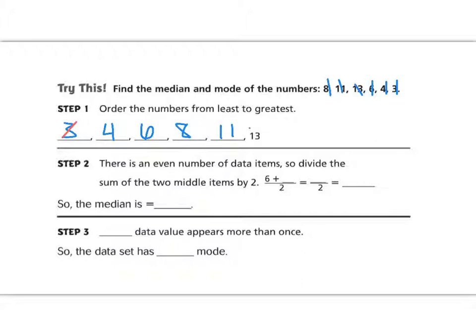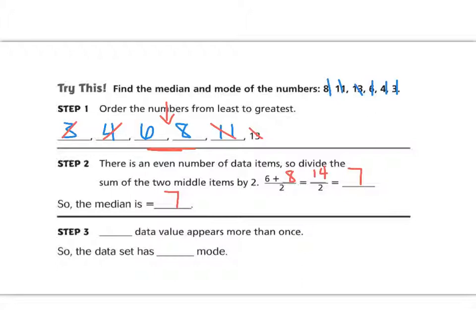So 3 and 13, 4 and 11. We have 2 in the middle. This is what they were saying, that we need to find the sum of them and then divide by 2. So we're going to add 6 plus 8, because those are the two middle numbers. 6 plus 8 is 14, and then we're going to divide by 2. 2 goes into 14 7 times. So the number in the middle would be 7.